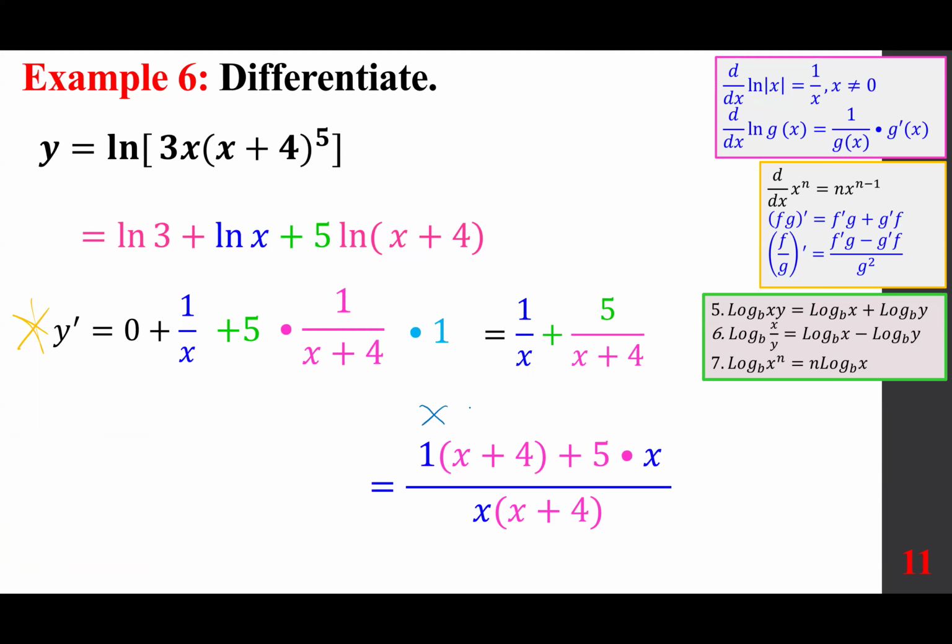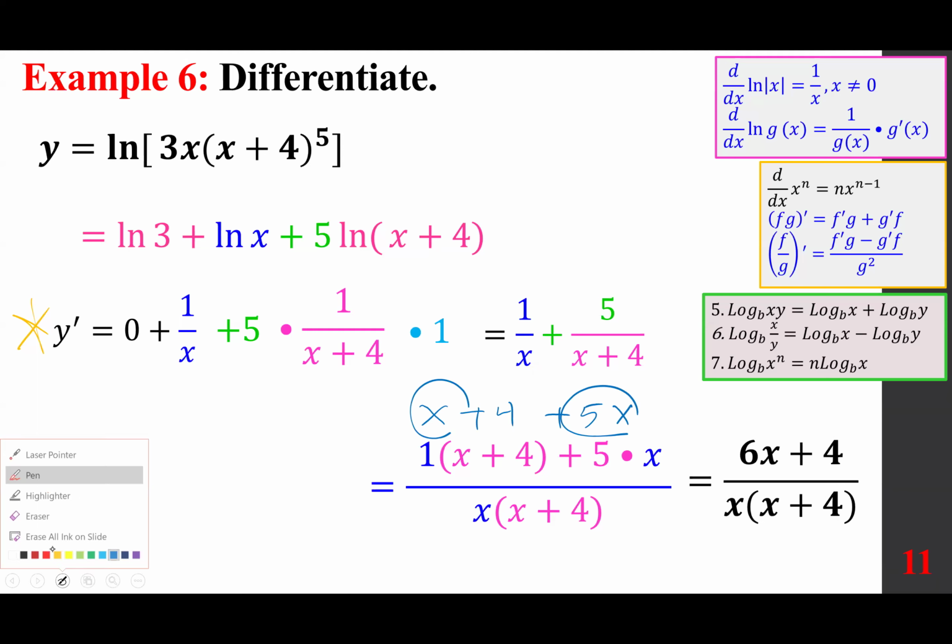This gives us x plus 4 plus 5x. These two add up to 6x. So the final answer, y prime, is 6x plus 4 over x times x plus 4.